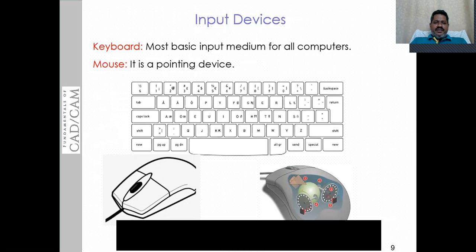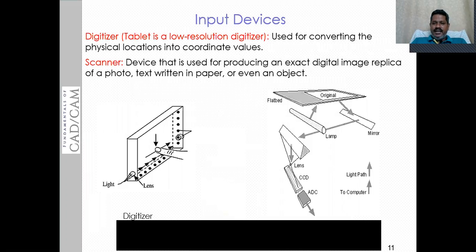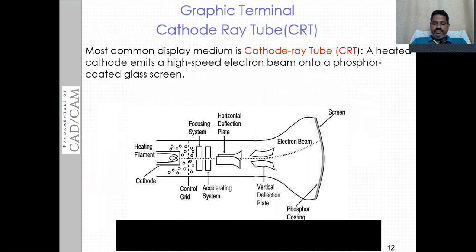But most of the time, 90% of data is fed into the CPU using keyboard and mouse. The other devices like the light pen, joystick, digitizer, and scanner are very rarely used to input data into the computer.